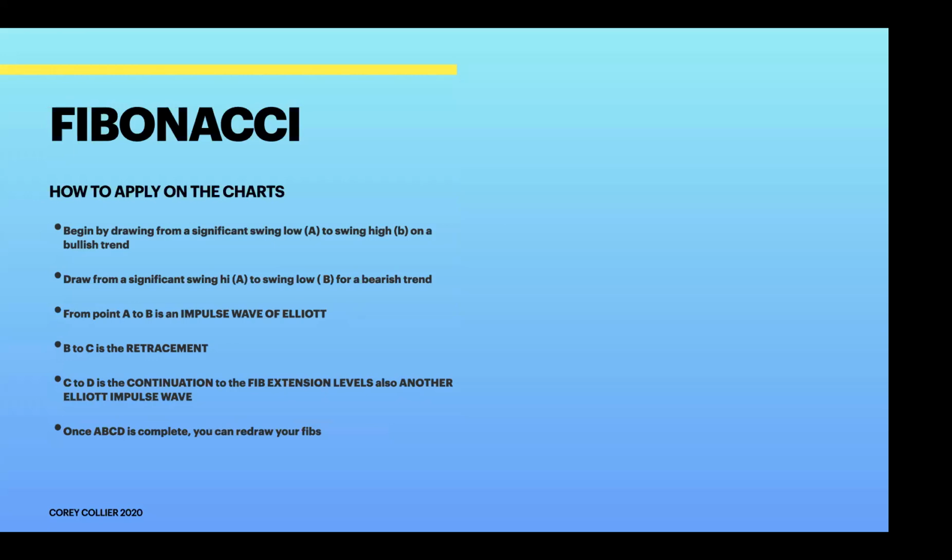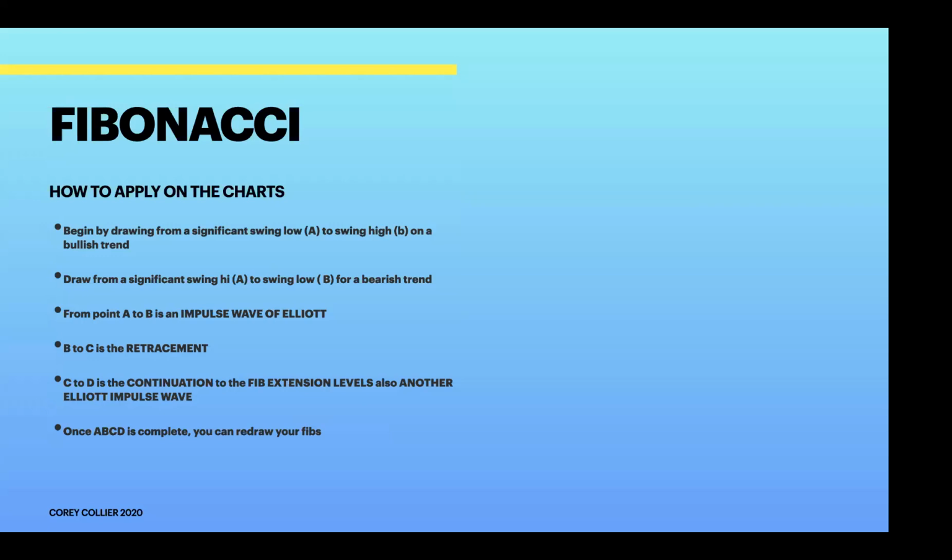So how do we apply Fibonacci on the charts, right? Again, we began by drawing from a significant swing low to a swing high on a bullish trend, or from a swing high to a swing low on a bear trend. From point A to B, guys, is an impulse wave of Elliott. So we'll say that's wave 1, right?